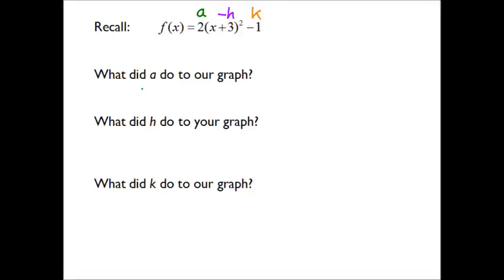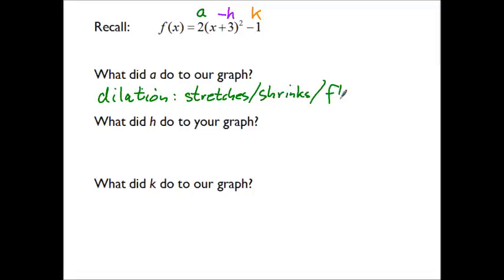What did a do to our graph? Remember, a is what we called the dilation, and the dilation stretches or shrinks the graph, but it also flips it sometimes, and that is when a is a negative number. h leads to a horizontal shift, in other words, left or right, and it's always in the opposite direction of the sign.